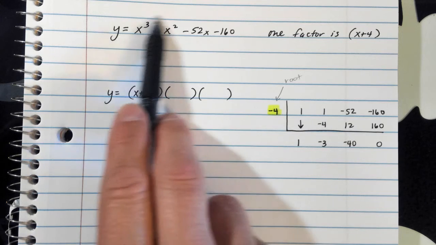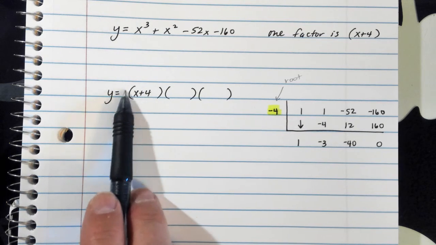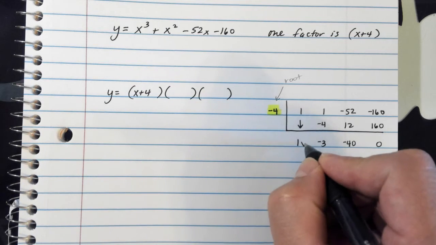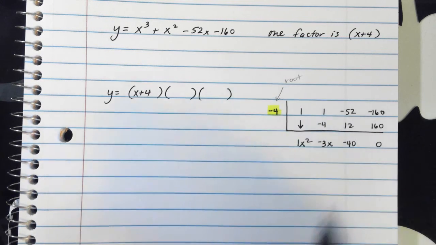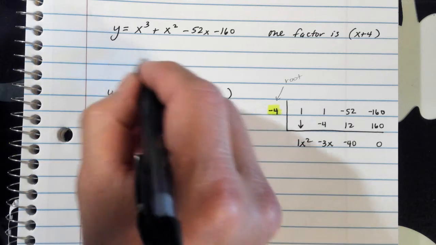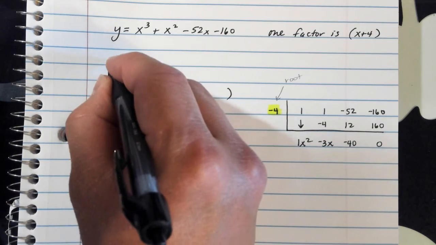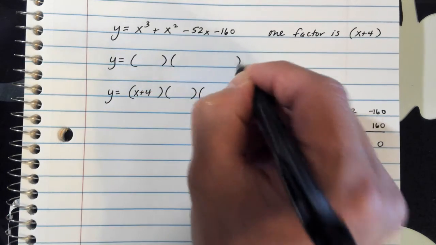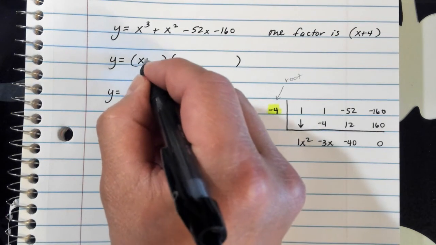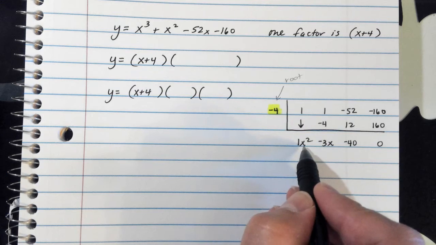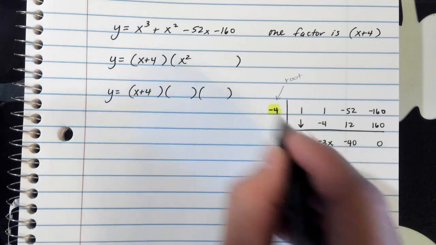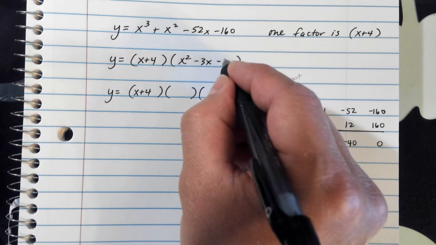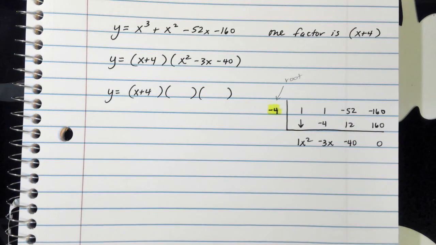So this function divided by this factor is 1x squared minus 3x minus 40. So now we know the intermediate step. 1x squared minus 3x minus 40 goes there.